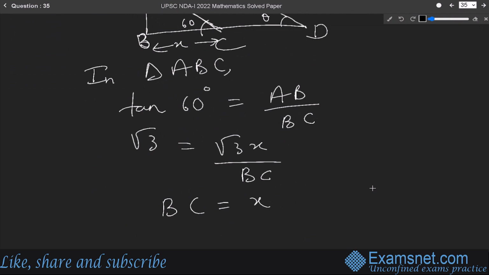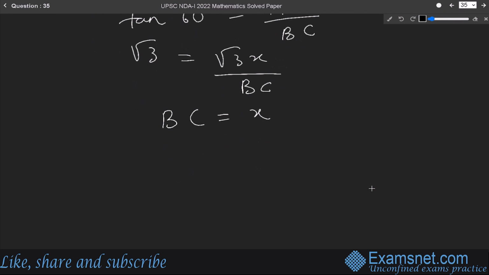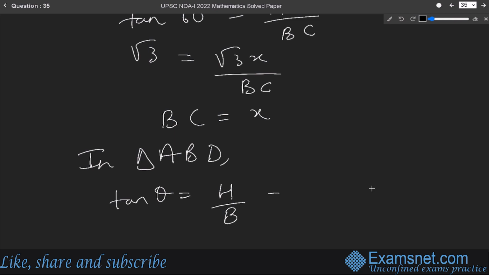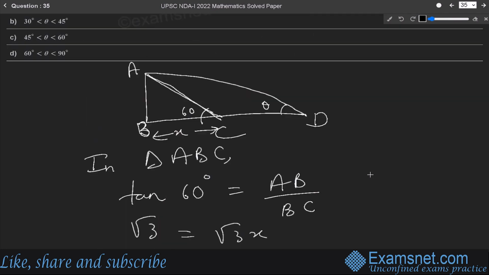Now the other triangle is triangle ABD. So in triangle ABD, tan theta will be equal to h upon b, means root 3x upon (x plus x). See, in triangle ABD, the base is BD.